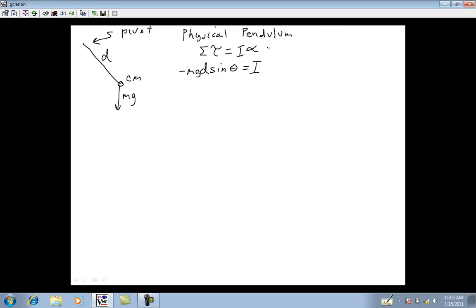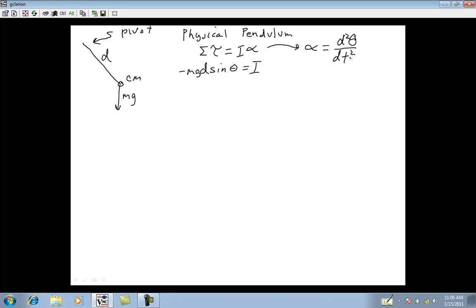But this part's easy because by definition, the angular acceleration is the second derivative of the what? Of theta. Very good. That's even something you've covered in calculus, right? Okay, good.